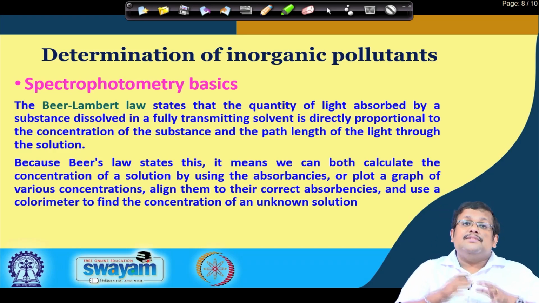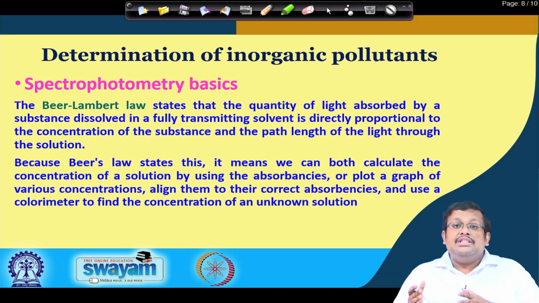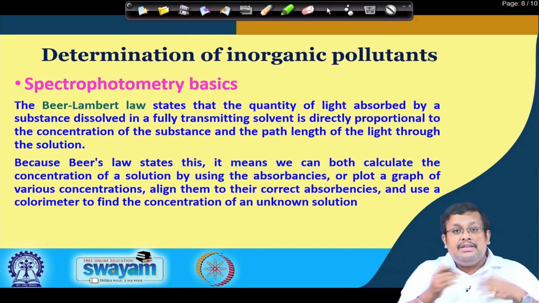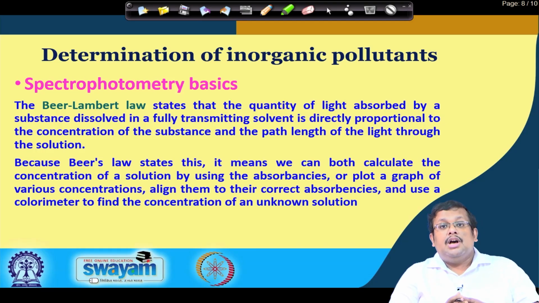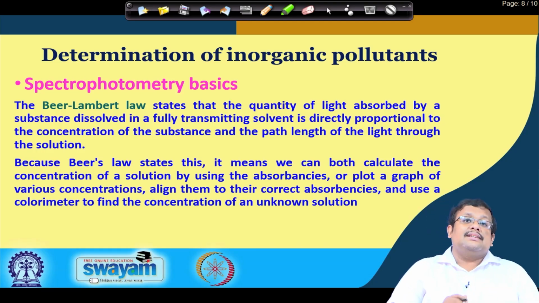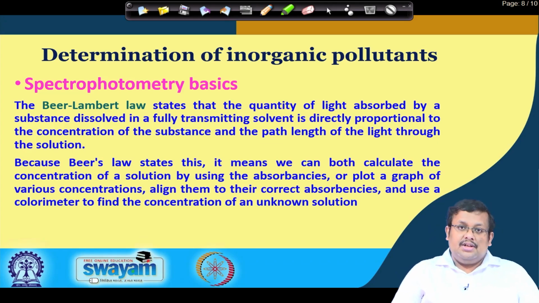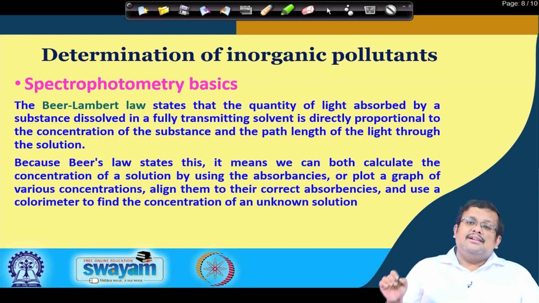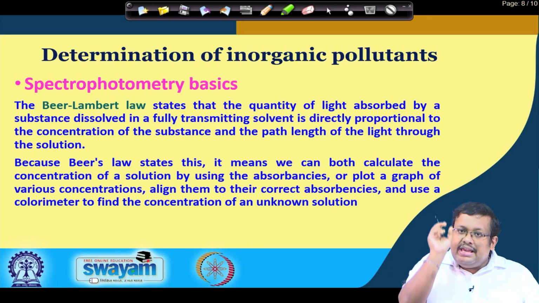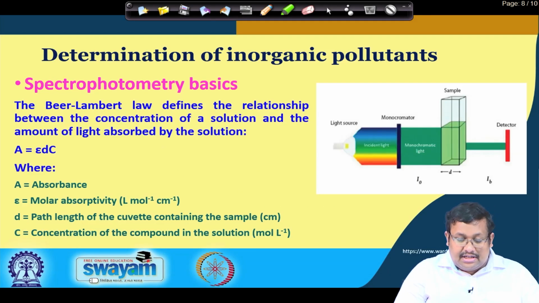Now, because Beer's law states this, we can calculate the concentration of the solution by using the absorbance, or plot a graph of various concentrations against their correct absorbances and use the colorimeter to find the concentration of an unknown solution. This is very important.